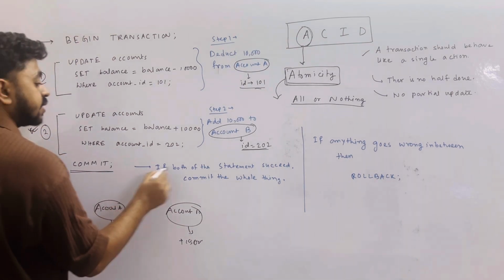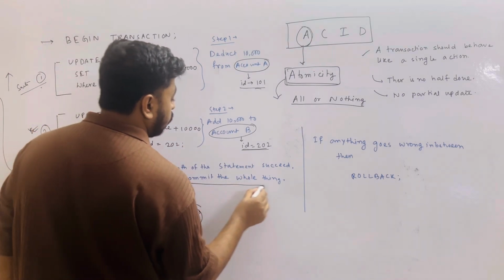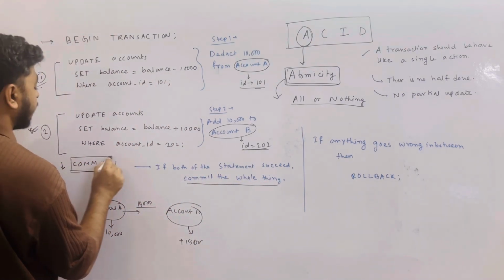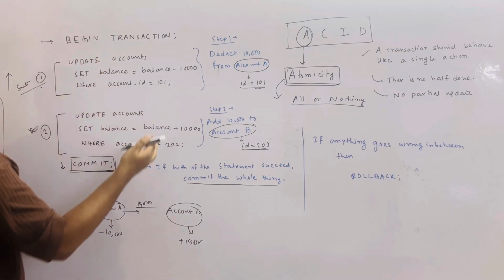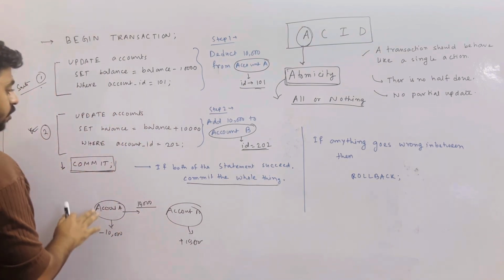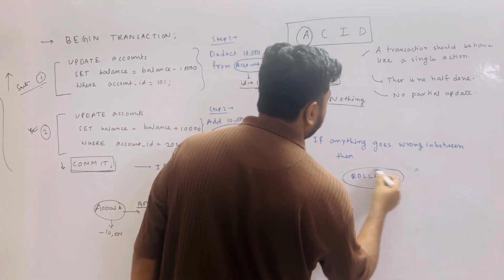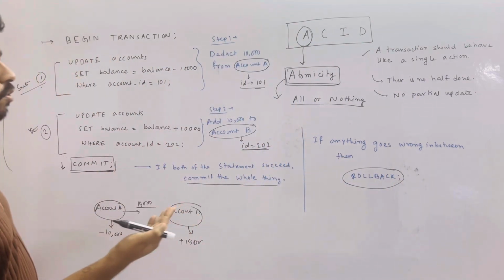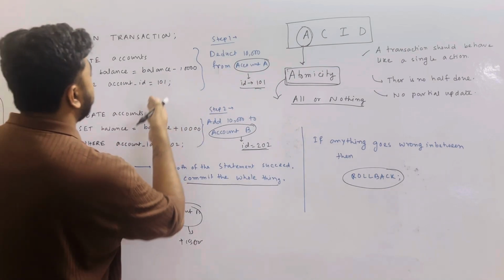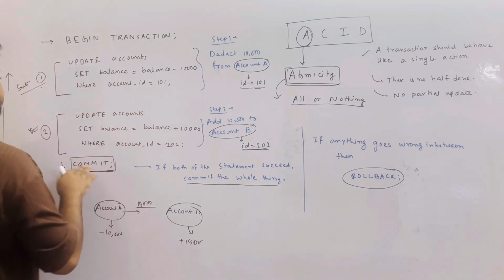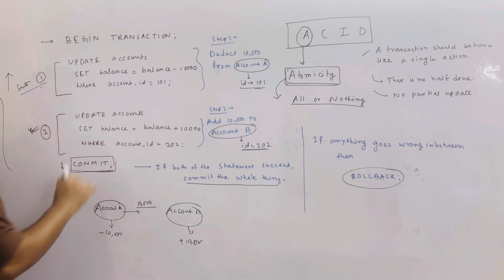So if both the statements succeed, commit the whole thing. What does commit mean? Commit means permanently writing this data into the hard disk. And if anything goes wrong in between, then rollback. Rollback is the command. If you use the rollback command, it will automatically roll back all your changes that happened inside the transaction.